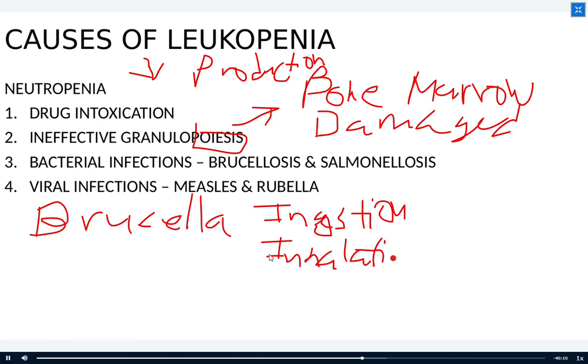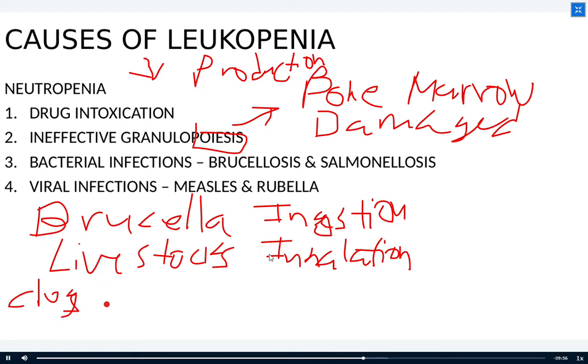Now, paano yung ingestion, sir? Since this is found in animals, specifically your livestock. So pag sinabi kong livestock, class, yung mga baka, baboy, and so on, pwede rin siya makita sa dogs and rats. So ingestion, class, is via drinking of milk.